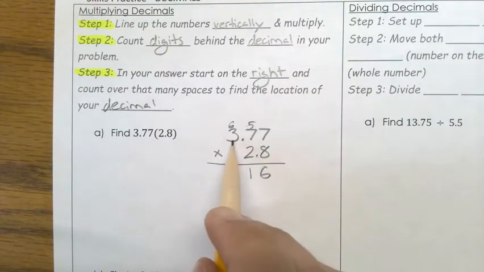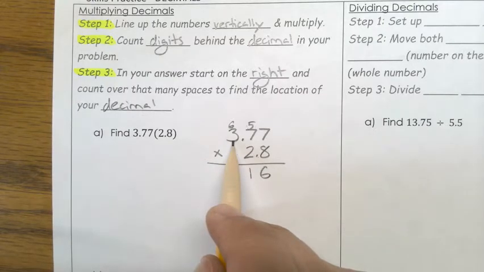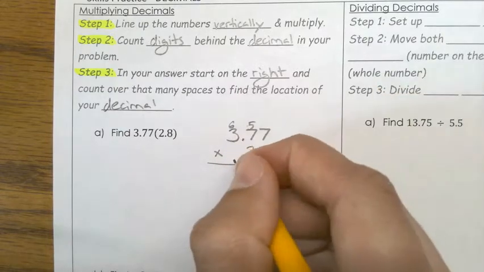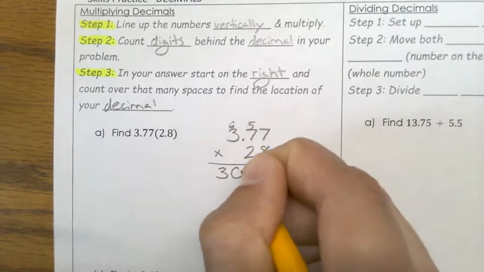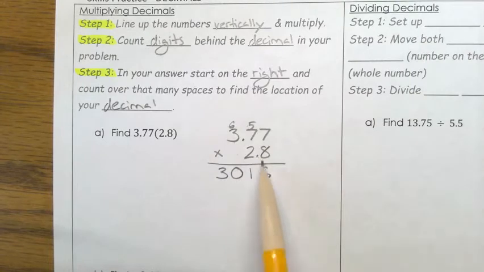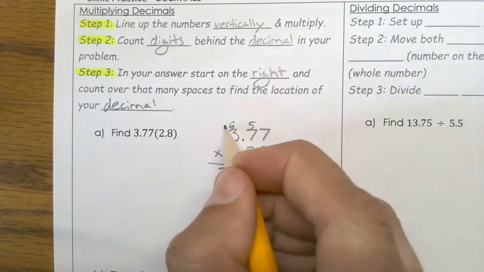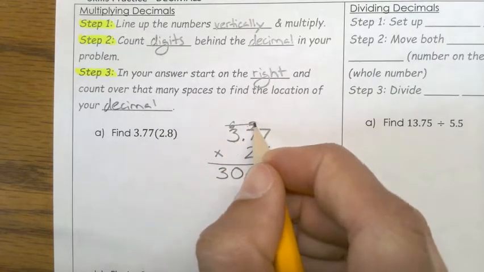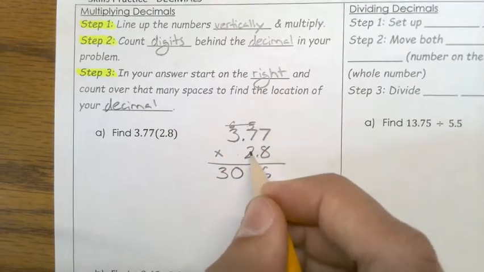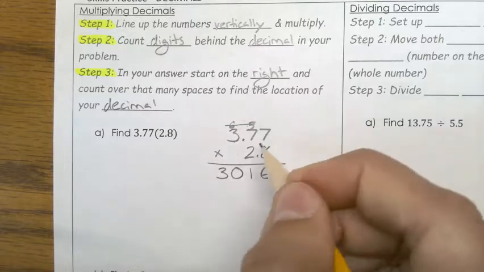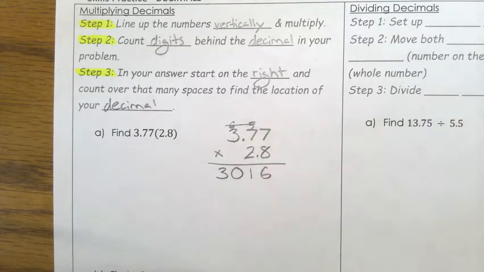And then 8 multiplied by 3, that would give us 24, plus the 6 is going to be 30. Make sure your numbers are all lined up here, keeping them in columns. Okay, I like to cross these numbers off to remind me that we aren't using them anymore because we're moving on to the 2. Now we have to multiply the 2 by each one of these.